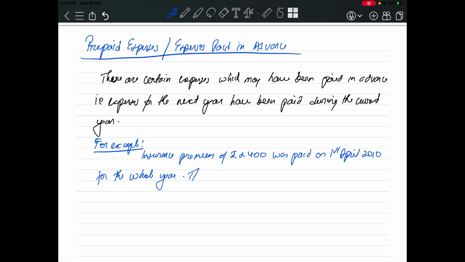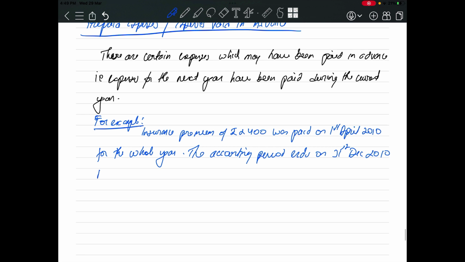The accounting period ends on 31st December 2010, but insurance premium has been paid up to 31st March 2011.